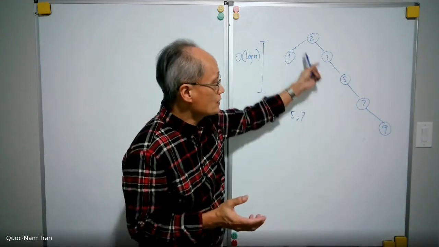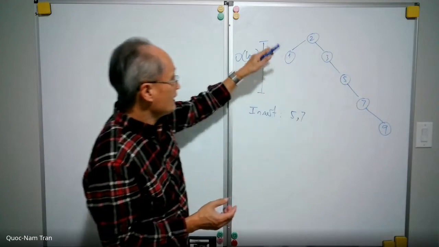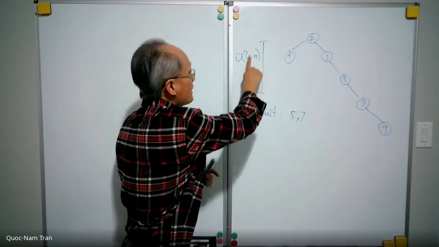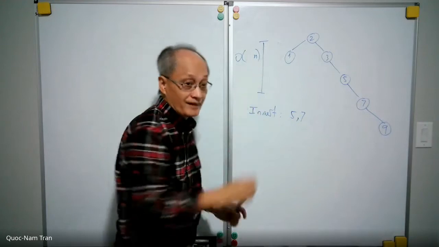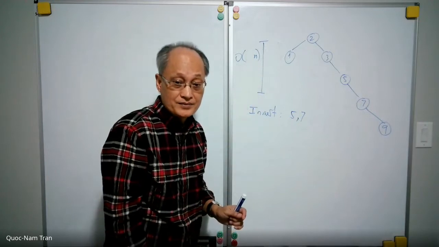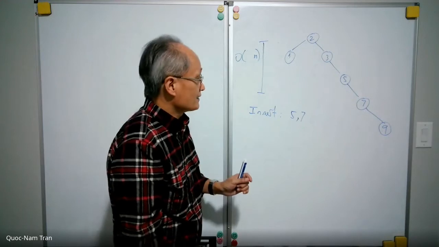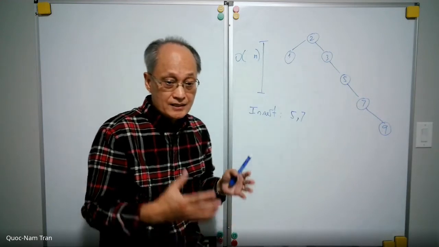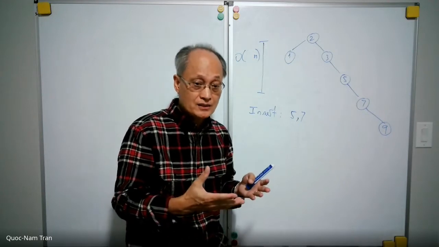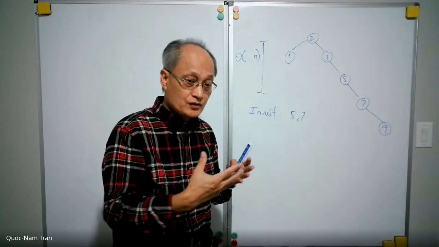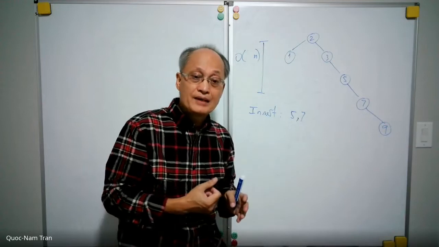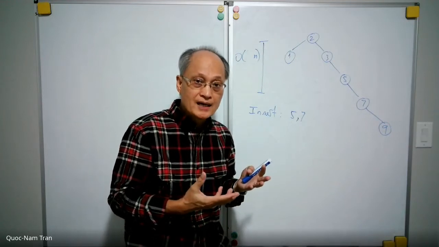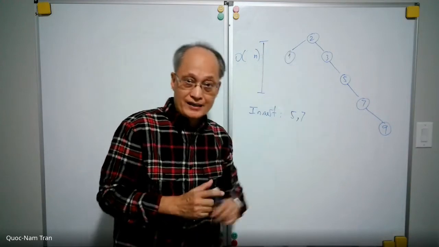In this situation, you can see that the height is no longer log n, but it becomes n. So that said, binary search tree is a good data structure for us to search for the elements in the list, or in other words, on the tree, if the tree is balanced.